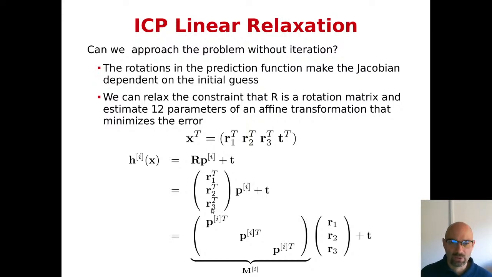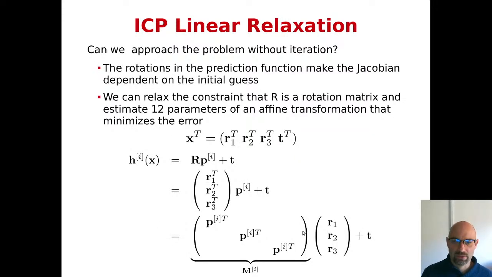If you transpose both members, you could rewrite this part of the sum into this form over here, where we see the three rotation vectors stacked onto each other, and the matrix which depends only on the point, which we call Mi, which is the point repeated 3 times. So this is 3 by 9, 3 rows, 9 columns.